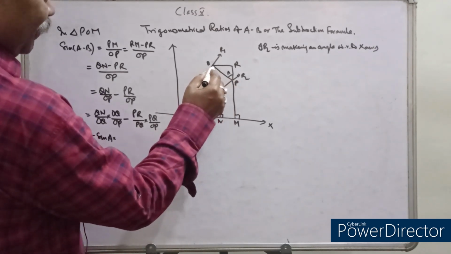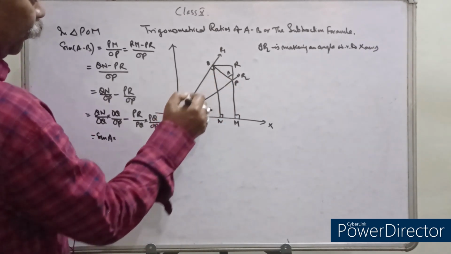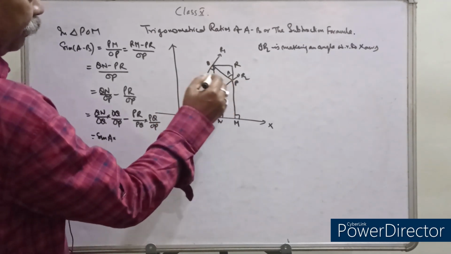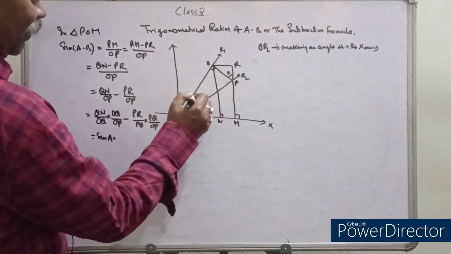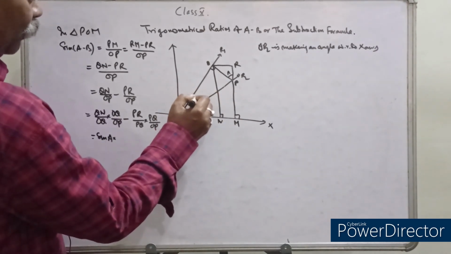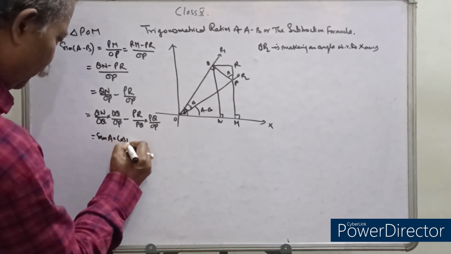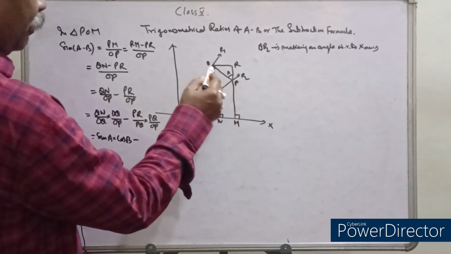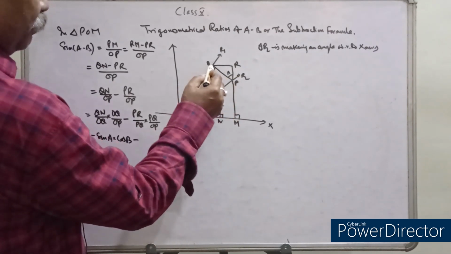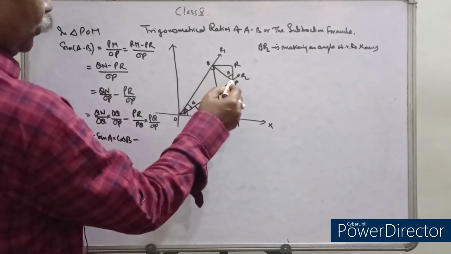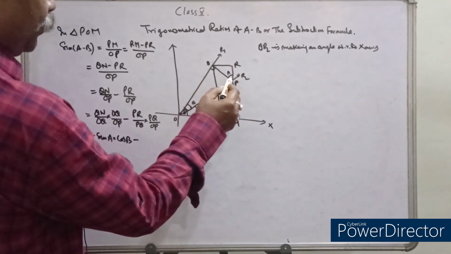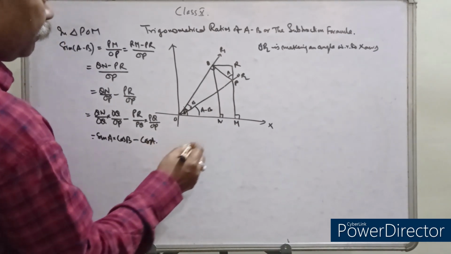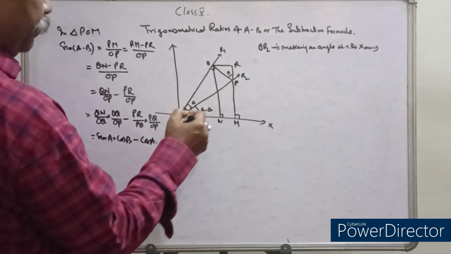OQ by OP is base by hypotenuse for this angle in this right angle triangle, so this is cos B. Minus PR by PQ, which is base by hypotenuse in this triangle, that is cos A, into PQ by OP.